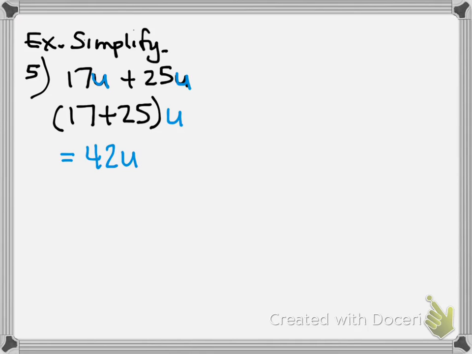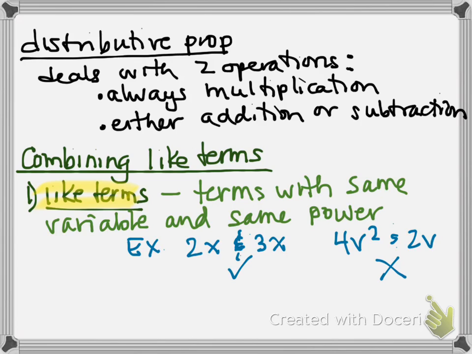Now, 17 and 25 have a special title that we give them. Does anyone know the word that we use to represent numbers like 17 and 25 in this situation when they're followed by a variable? You guys haven't heard the word coefficient before? Okay, you got to understand the word coefficient.